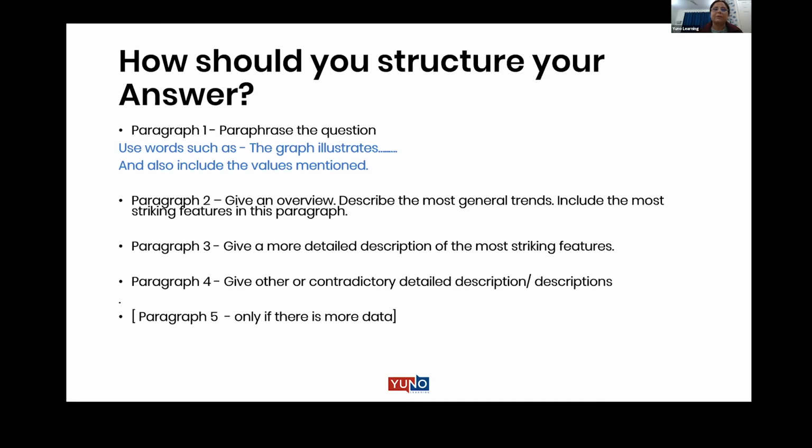You paraphrase, saying the same thing in different words. You should also include the values mentioned there, something in millimeters, centimeters, percentage, millions, dollars, pounds, whatever is mentioned. And if a time frame is there, from which year to which year should be mentioned.